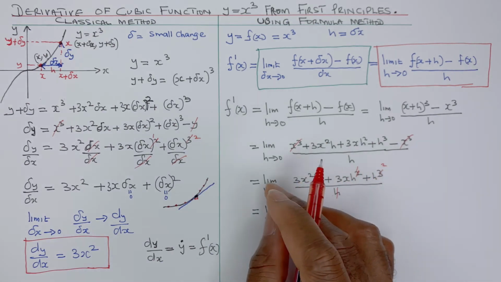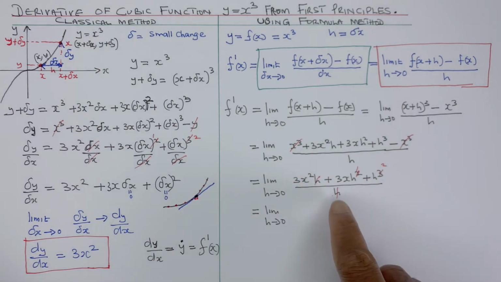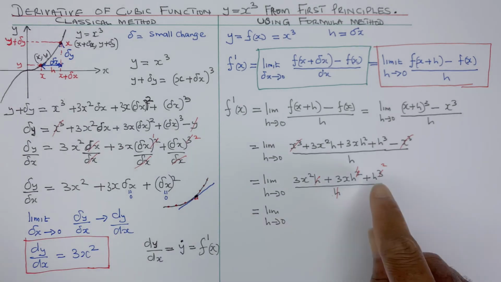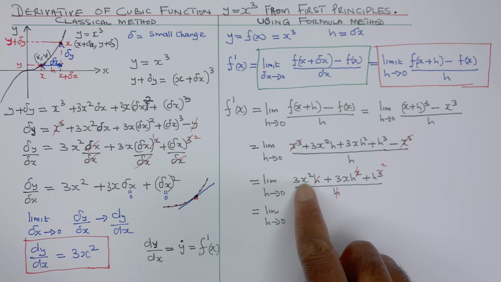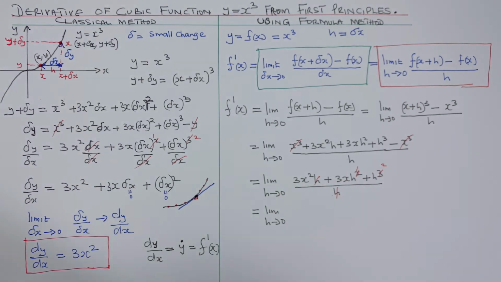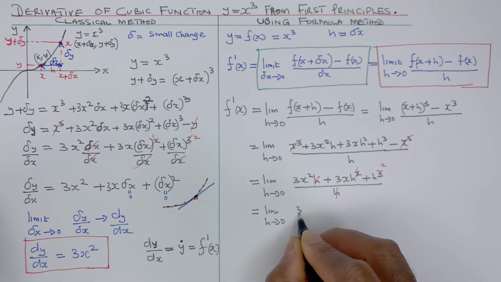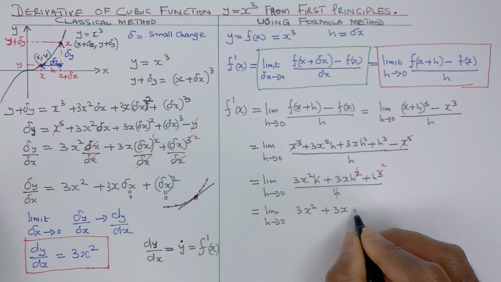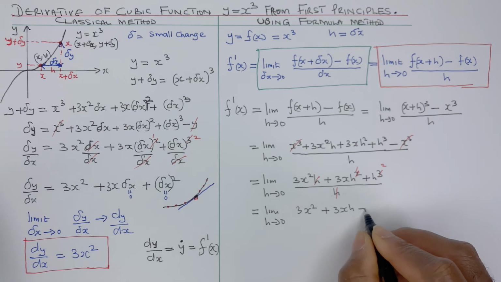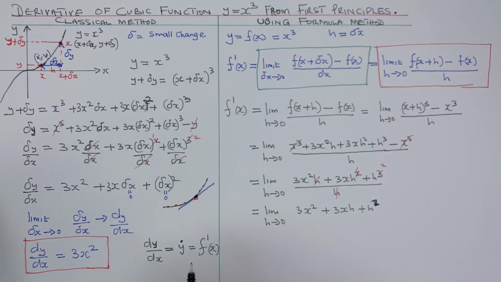Because if you take h out as a common factor, isn't it? And that h will cancel the h at the bottom. So what I have left is 3x squared plus 3x h plus h squared. Right, so that's what we've got left.